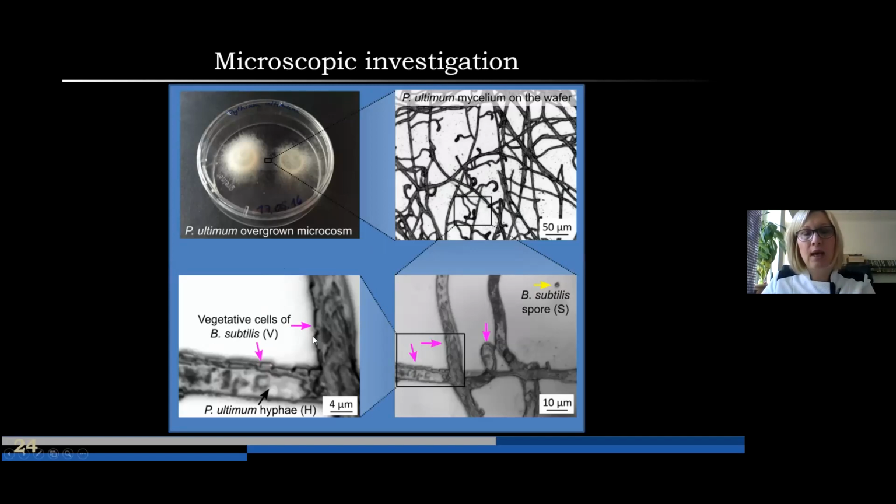And with a closer look, with light microscopy, we have seen that a lot of the spores were actually transforming themselves into vegetative cells and were aligned very nicely parallel with the hyphae. Nevertheless, this experiment was done in combination with labeling experiments to see how carbon, nitrogen, and water is carried from the hyphae to the Bacillus subtilis.